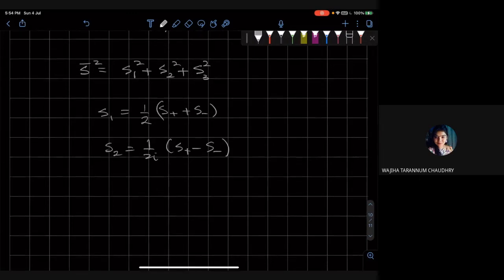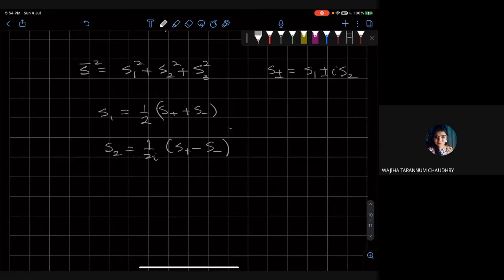Do you agree? Because S plus minus is S1 plus minus i S2. So I'm inverting these things. If I add these two equations, I get 2S1. If I subtract them, I get 2iS2. And that's how I get it.